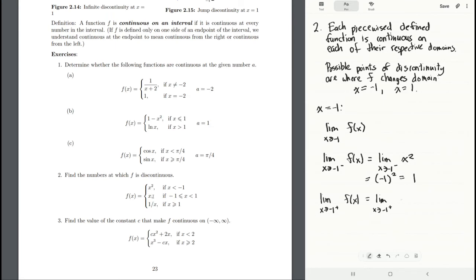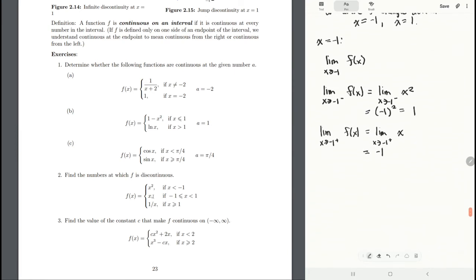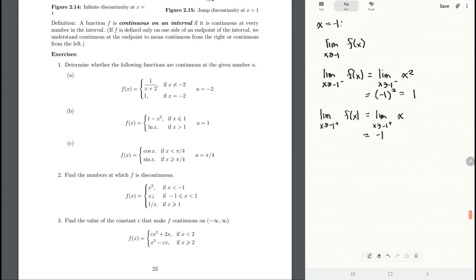And now if we take the limit, we get -1 for the right-hand limit. So now since the left-hand limit goes to 1 and the right-hand limit goes to -1, then the two-sided limit does not exist.